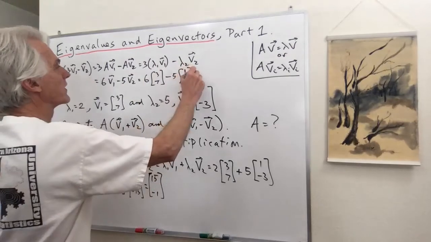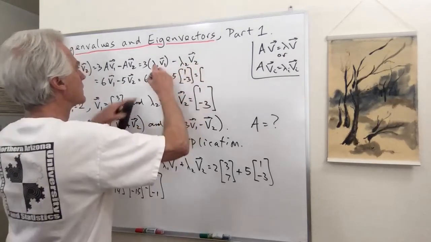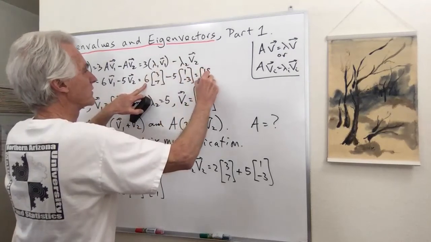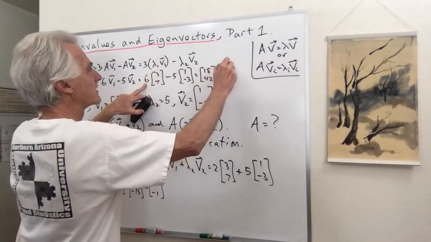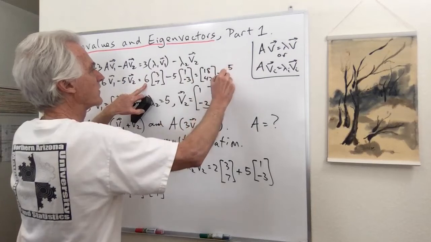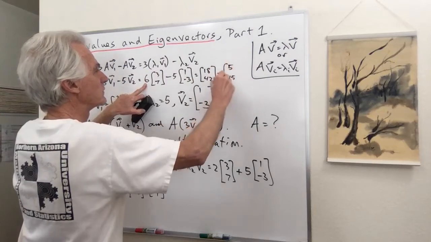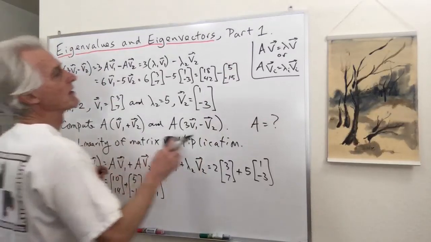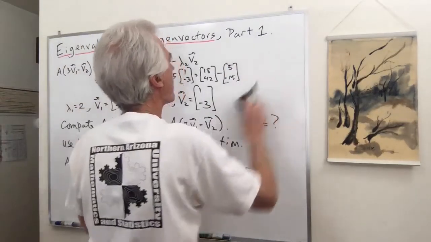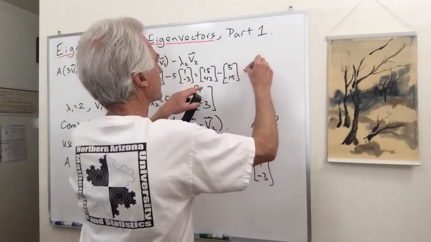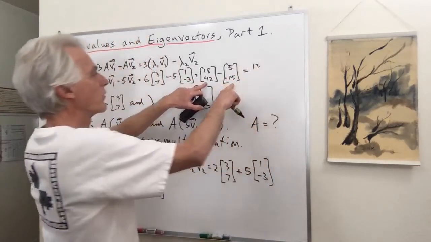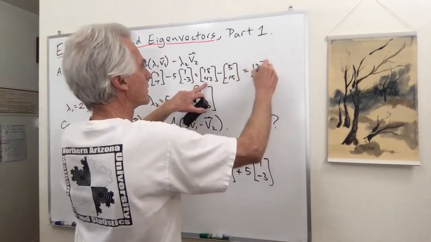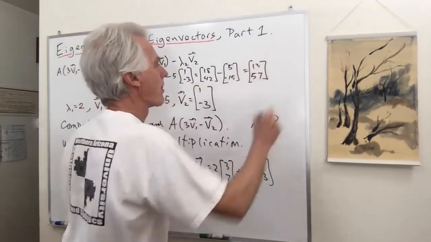Okay. So this is 18 minus 5, and 6 times 7 is 42, plus 15. All right. So this is equal to (13, 57).